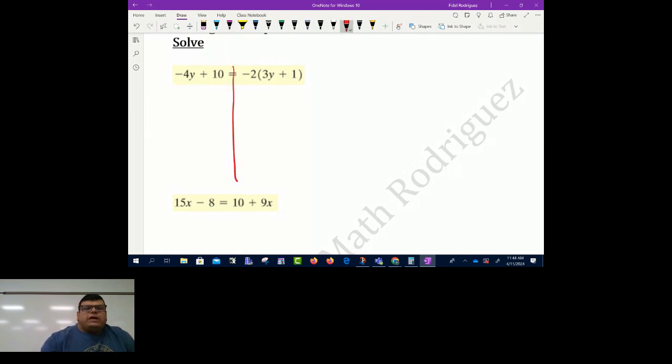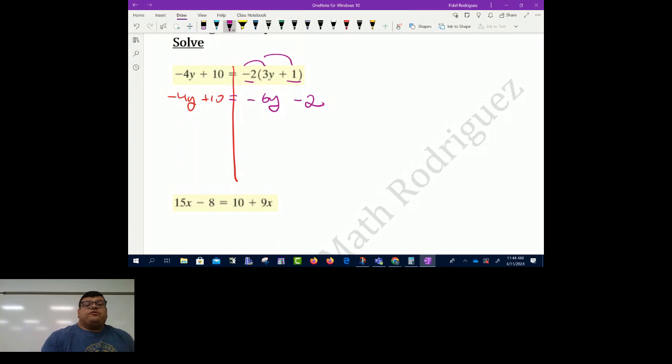Look, I'm going to scroll down here. Negative 4y plus 10, okay, 1, 2. Negative 2 times 3, negative 6. Negative 2 times 1, boom, minus 2, okay? Remember what we said? We're going to move the smaller y to the bigger y.